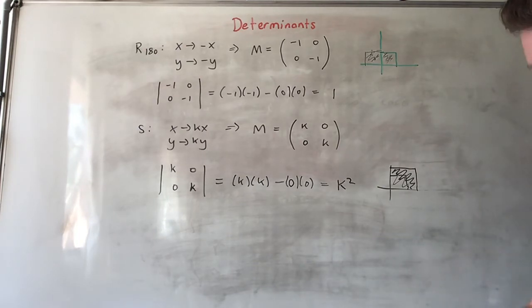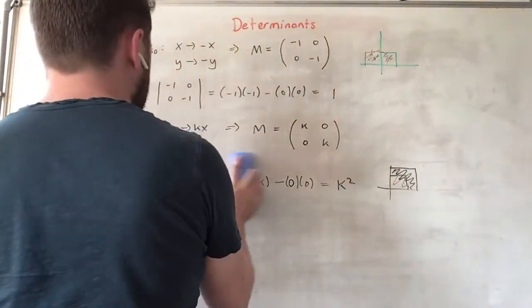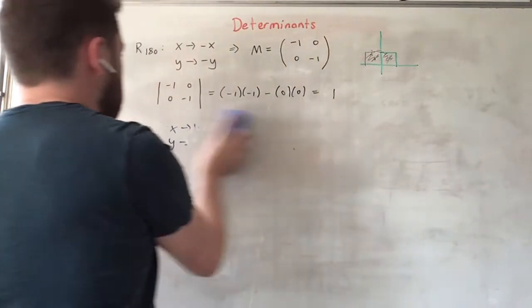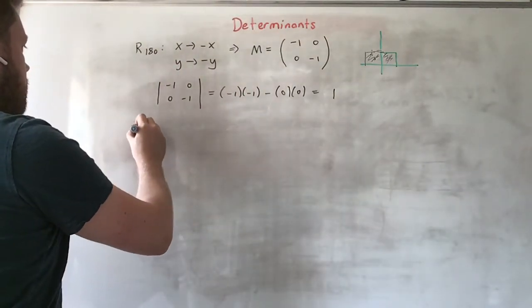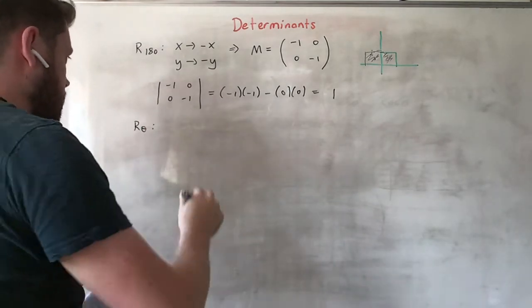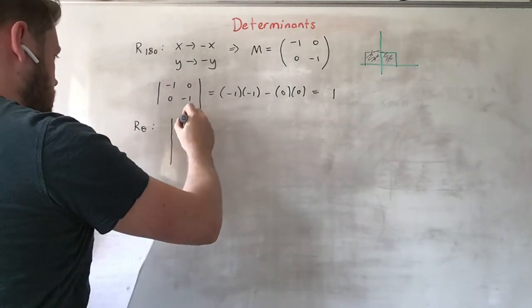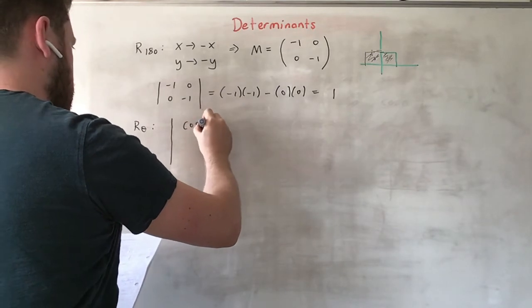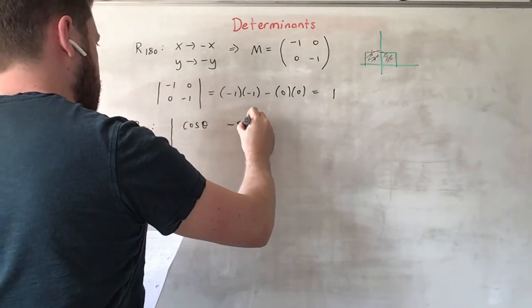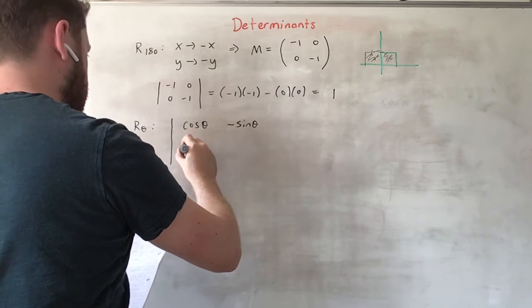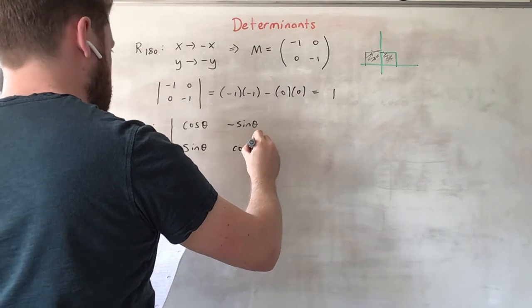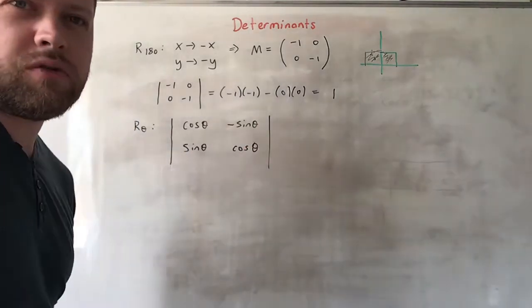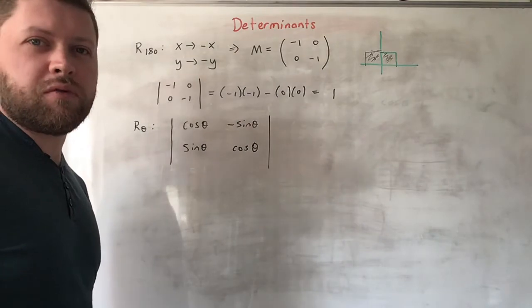All right. Let's think about an arbitrary rotation. So we have R theta, and the matrix for this rotation is like this. This is an active rotation, rotating the point from one position to another.